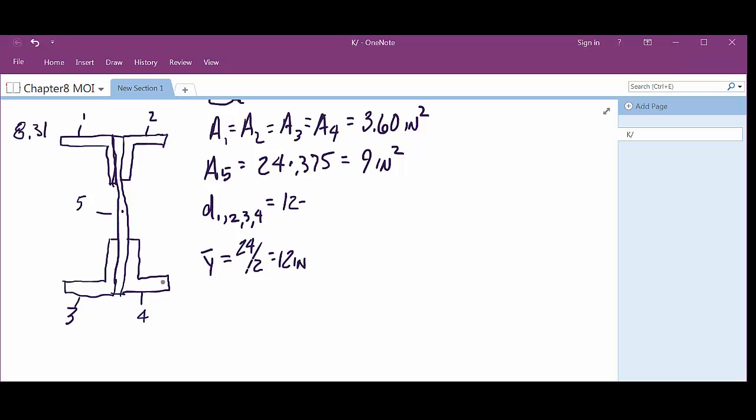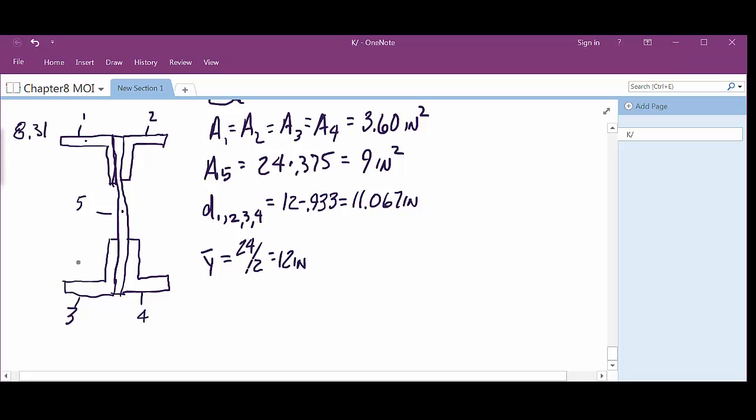So we subtract that from the 12, because the 12 is the height, right? Equals 11.067 inches.